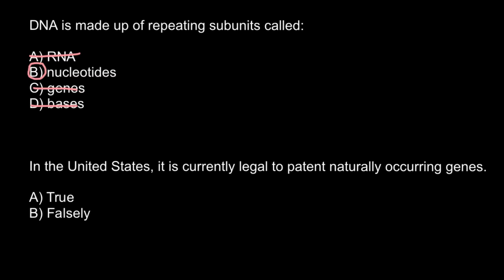And this company charged unrealistic prices for other companies to use these alleles in order to diagnose breast cancer. As soon as the Supreme Court made its decision that no naturally occurring genes can be patented, prices dropped from $4,000 to less than $1,000.